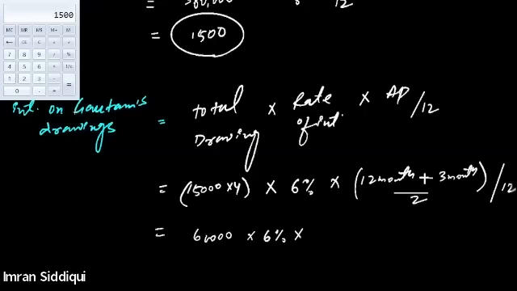So 15 divided by 2 will be 7.5. Let's just calculate it. 60,000 into 6% will be 3,600. Then 3,600 into 7.5, and then we will divide this by 12. So we will be getting 2,250.